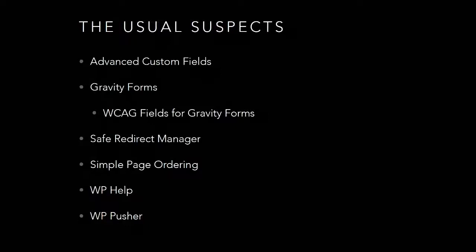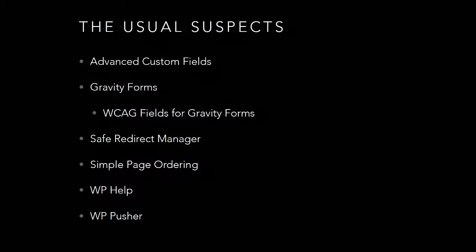Simple Page Ordering is another one from 10up, and it's just a drag and drop page order plugin. It works with all hierarchical post types. So if you have custom post types that are also parent-child, you can use this without any additional code for that. WP Help is a little bit older, but still great. And it is a way to have documentation in the WordPress dashboard.